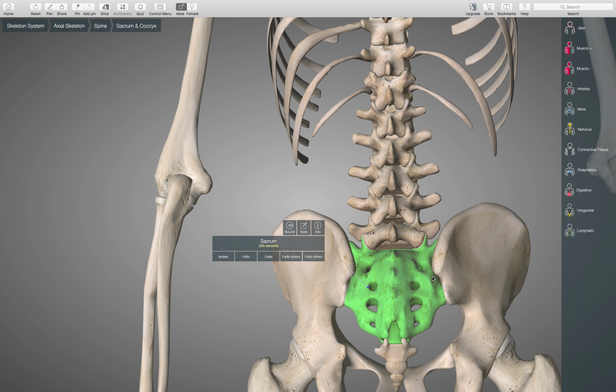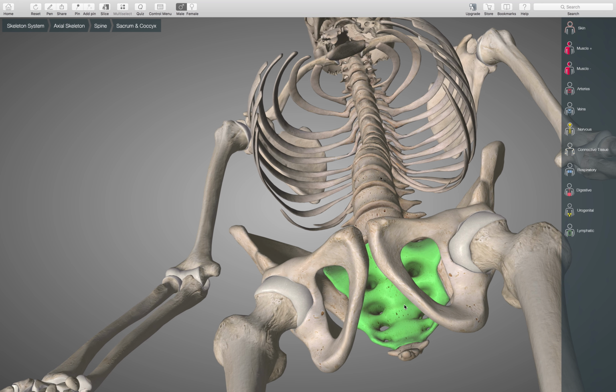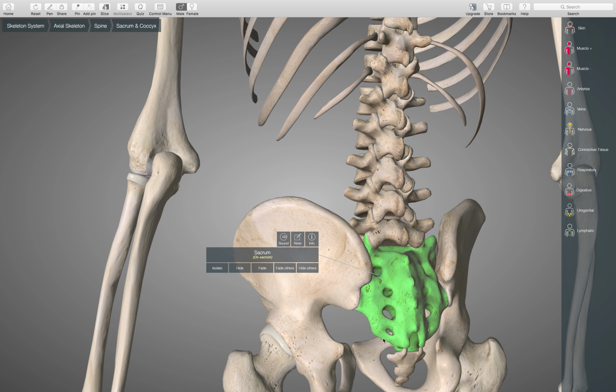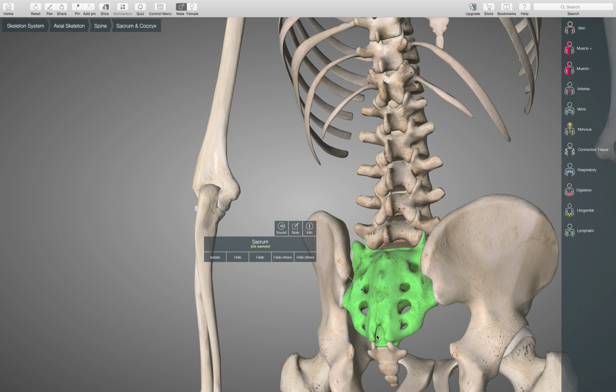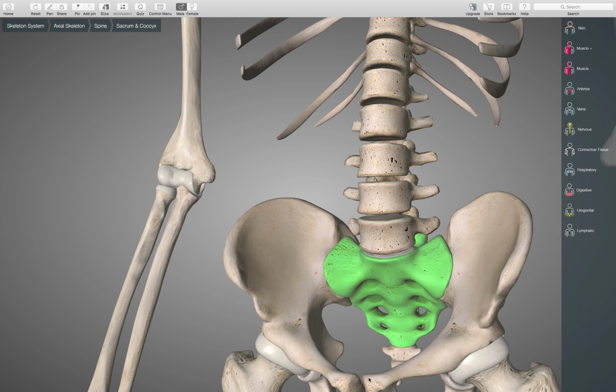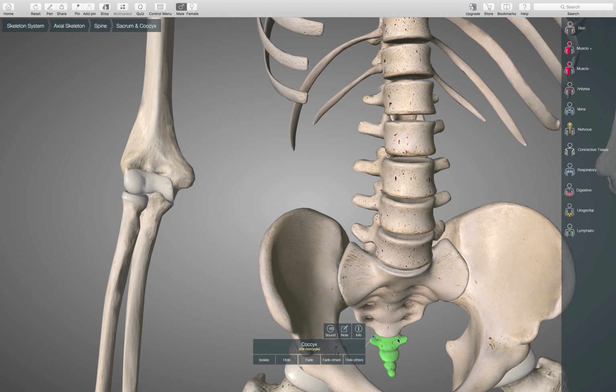The sacrum is a fused bone, made of five vertebral bones fused together. It is all called the sacrum, and it is unable to be separated. The tail here we call the coccyx, also fused from four bones.